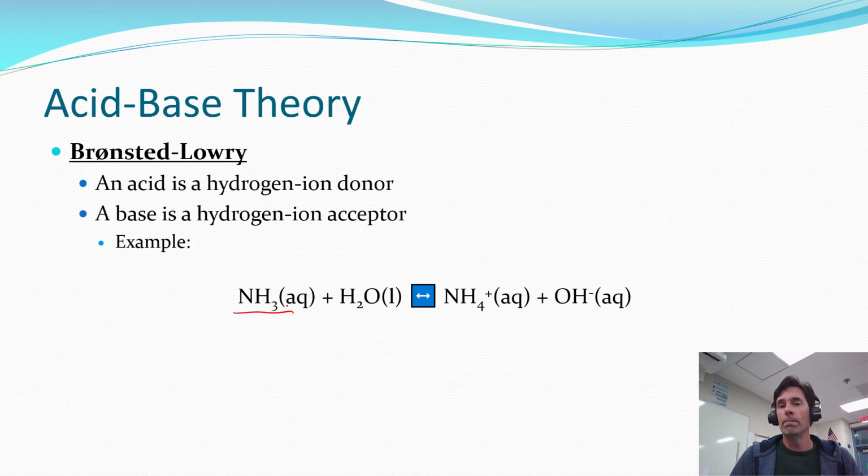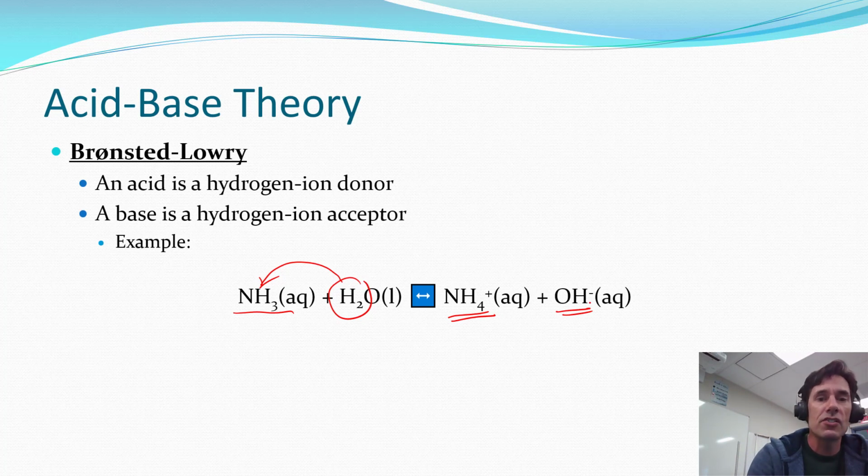No, wrong. What actually happens is that the ammonia will take a hydrogen from the water and form ammonium and produce hydroxide. So this becomes what we refer to as the base, and this becomes the acid.